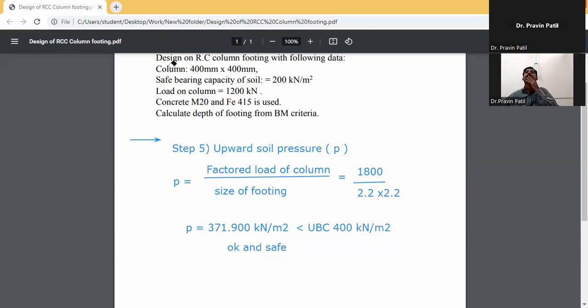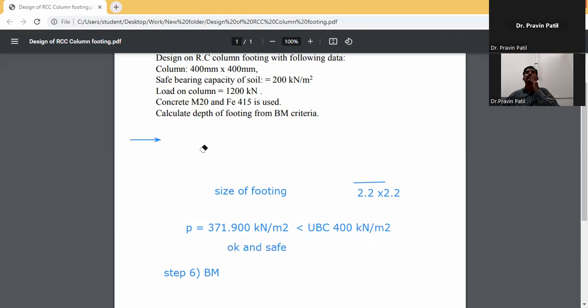Step number 6, bending moment. We need to calculate the bending moment.